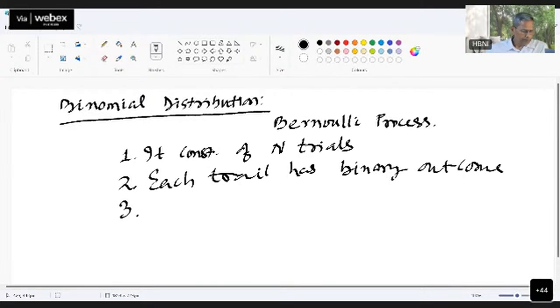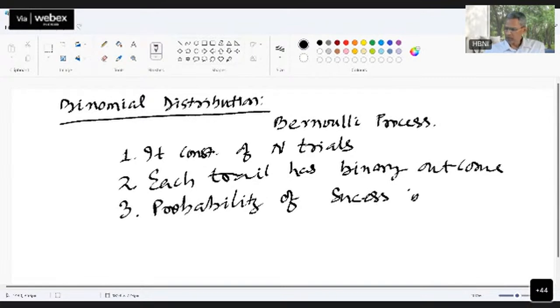Three, the probability of success is constant from trial to trial.